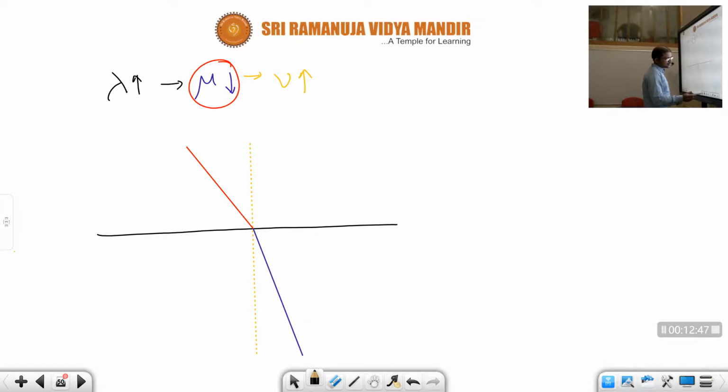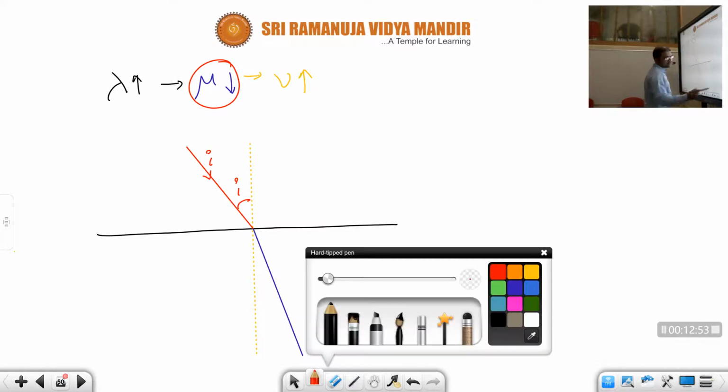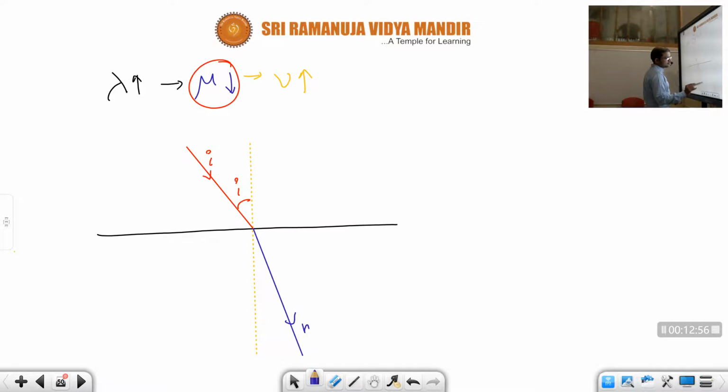So incident ray, angle of incidence, and refracted ray, angle of refraction. Let us consider this one as medium 1 and this one medium 2.